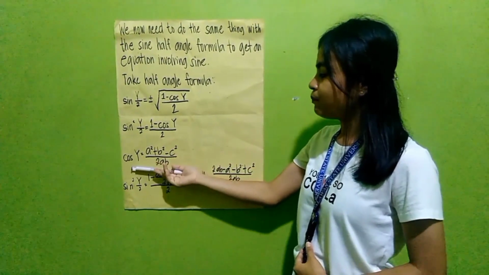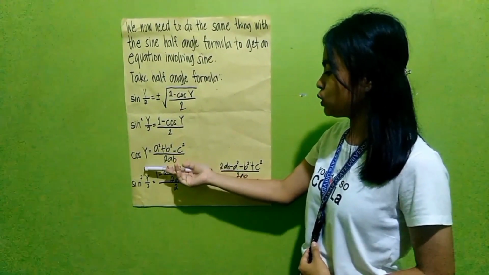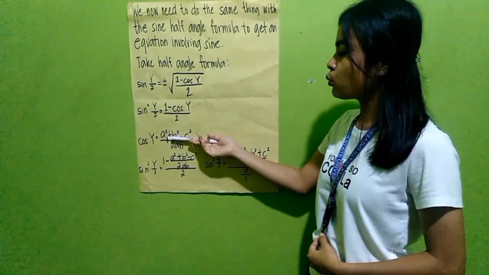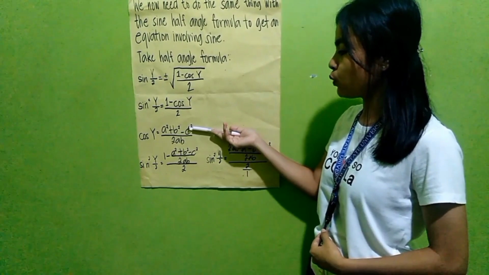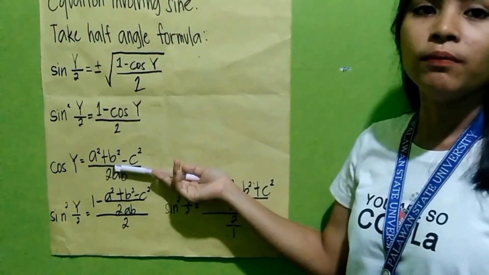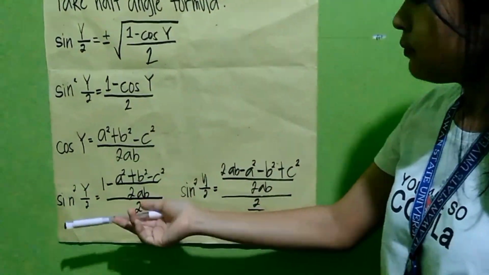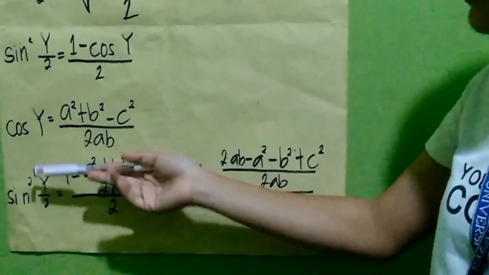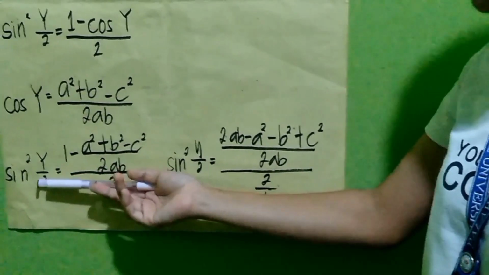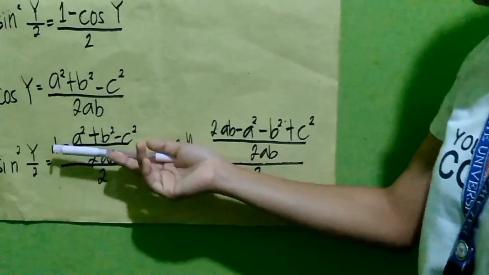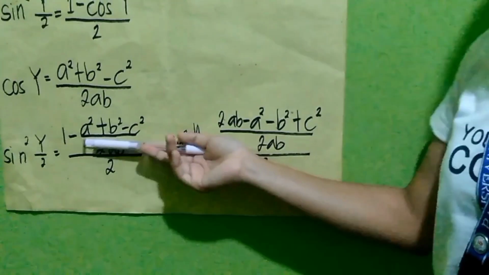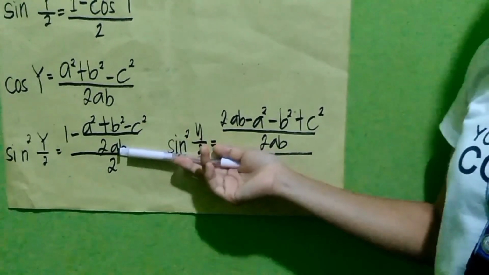Now the substitution for cosine gamma: cosine gamma equals a squared plus b squared minus c squared over 2ab. This is the equation we got before from the law of cosines. Substituting, sine squared gamma over 2 equals 1 minus (a squared plus b squared minus c squared over 2ab), all over 2.